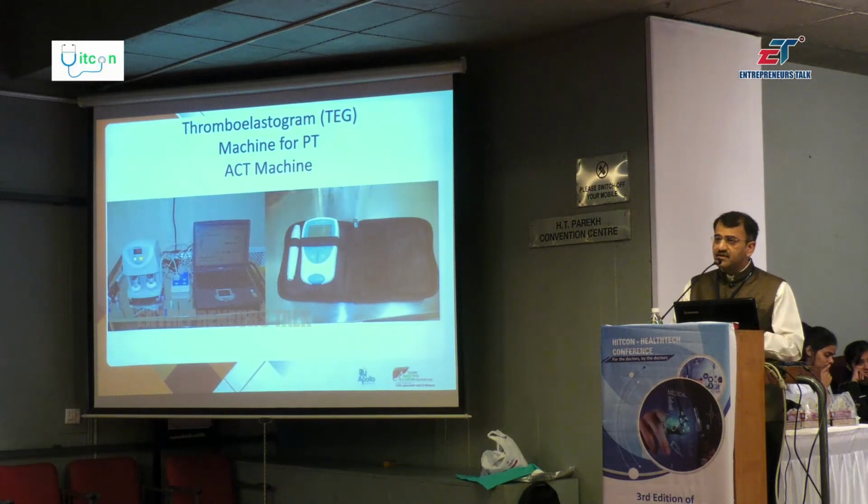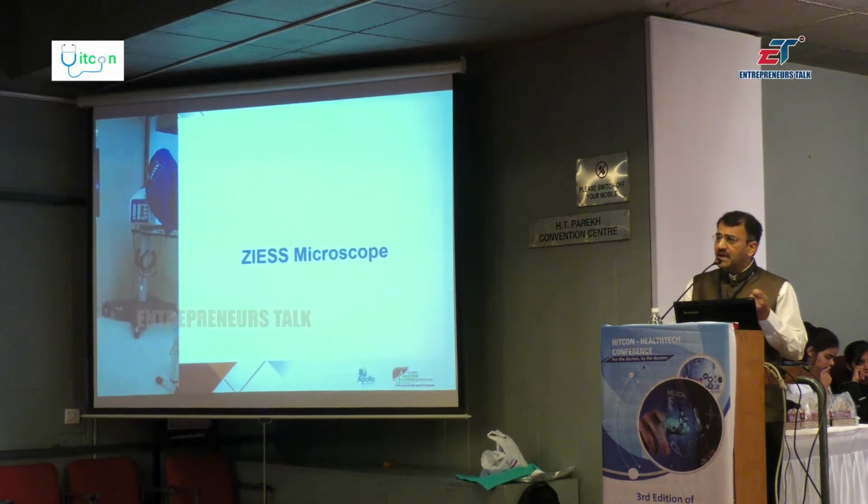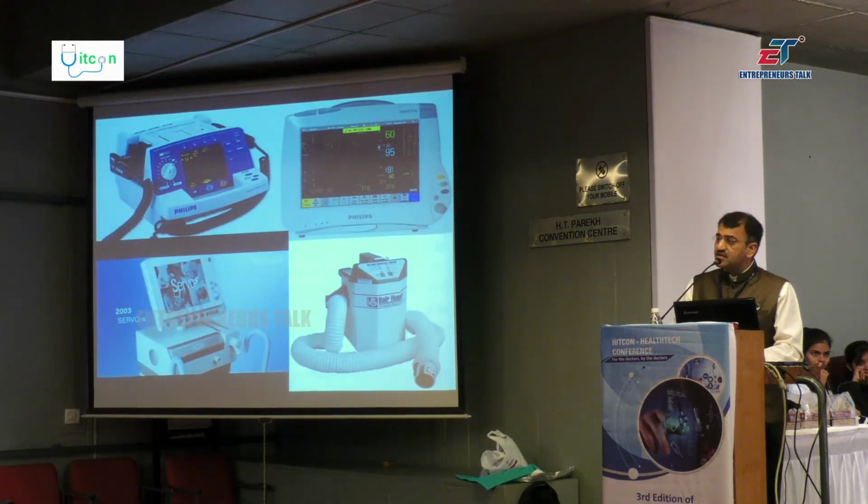For that, different equipments like the thromboelastogram and the prothrombin machine are used. For microvascular surgery, specially designed microscopes are used, and these are the various monitors and bear huggers to take care of the temperature of the patient in the post-operative period.